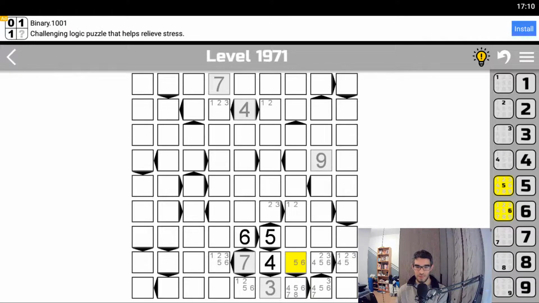And this one up to 9. Oops, my bad. All right, so I have the numbers here, so in that way it's easier to see. And now let's see, do I have any numbers that I can exclude? Well, I have the 3 here, so I can remove the 3 from this line. Here I have a 4 and a 7, so I can remove the 7 from this line. I can remove the 4 from this line, and also the 4 from here.